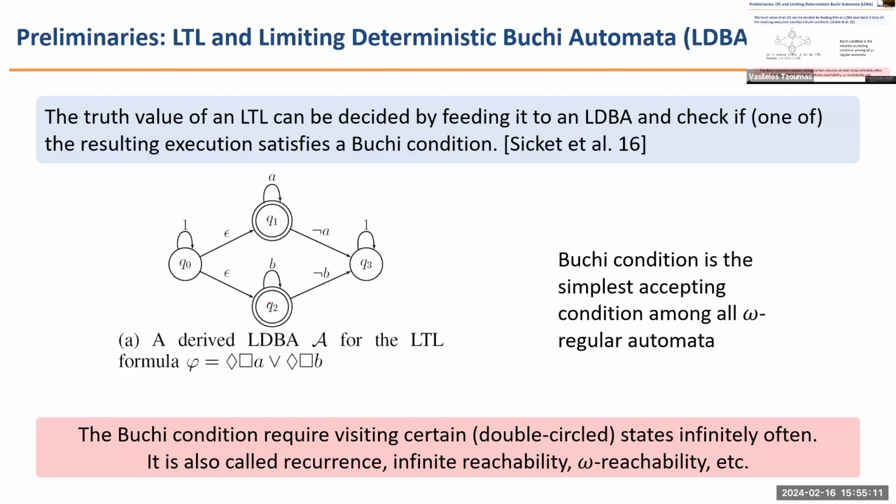You can think of an automaton as a non-probabilistic version of a Markov decision process, minus the probabilistic transitions and plus an accepting condition. That accepting condition is defined by circling a bunch of special states on the automaton. And how do these automata help you check the truth value of LTL?